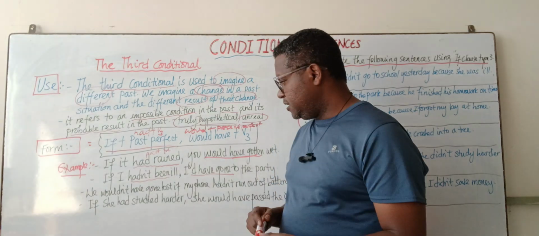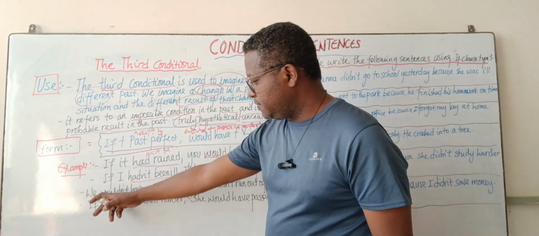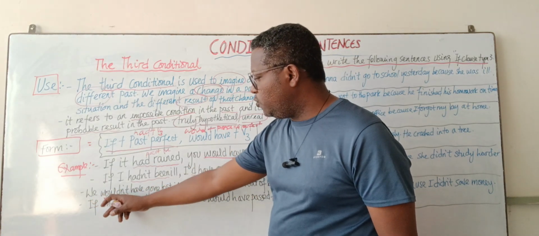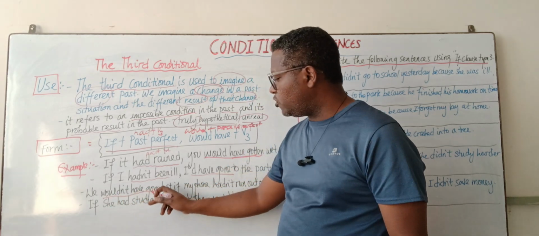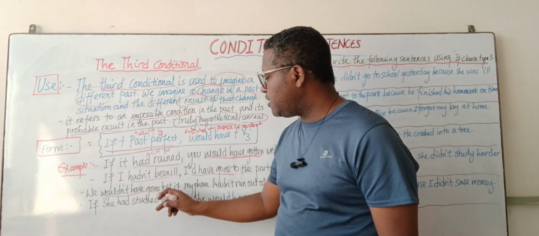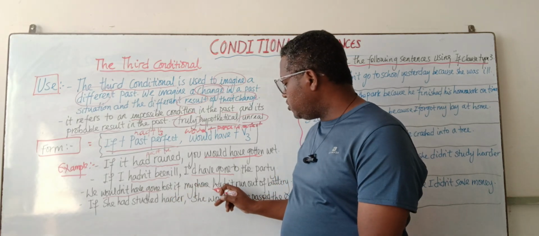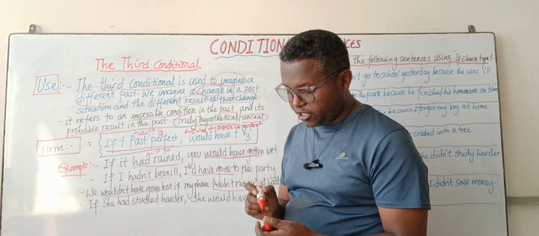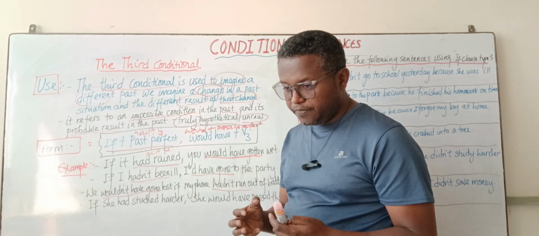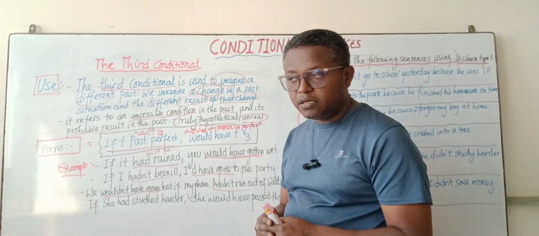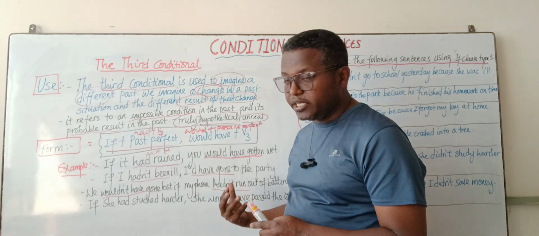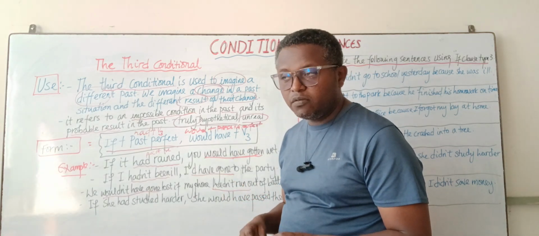So that is another one. The third is we wouldn't have gone lost, okay? We wouldn't have gone lost if my phone hadn't run out of battery. The case is, they were lost because his phone was out of battery.